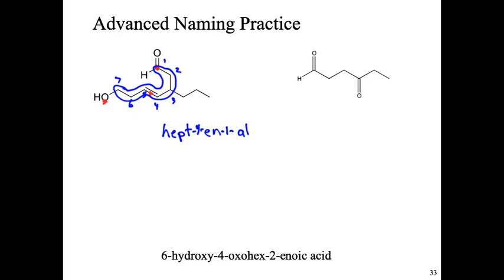How do we deal with the rest of it? Okay, well, I've accounted for the aldehyde. I've got the backbone. I've got the alkene in there, but I haven't identified the substituents. The alcohol is a substituent because it's lower in priority than the aldehyde. And then I also have this carbon chain. How do I name an alcohol if it's lower in priority? Hydroxy. Okay.